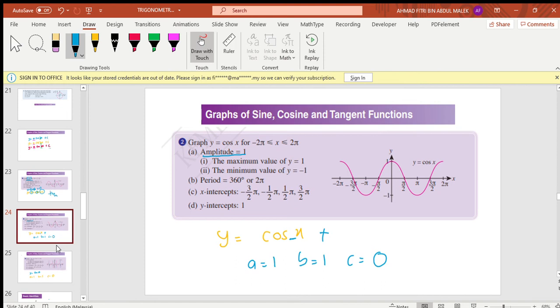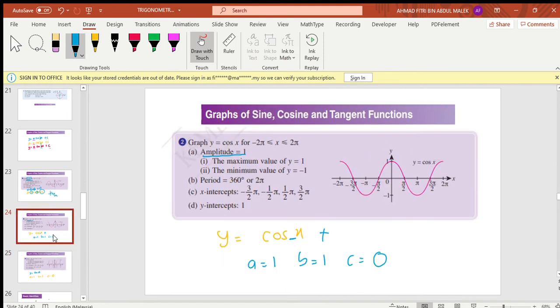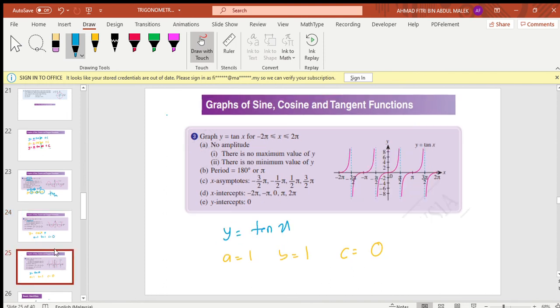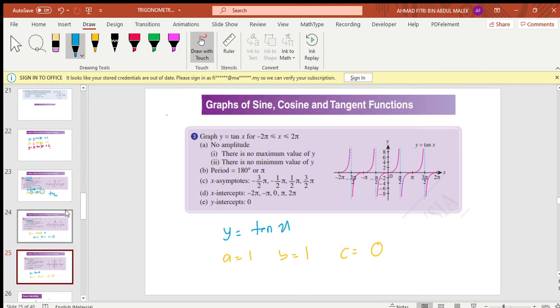The same goes for b in cos and also b in tangent.